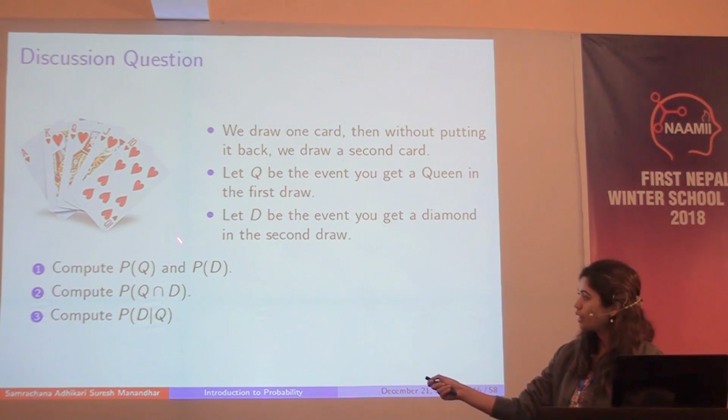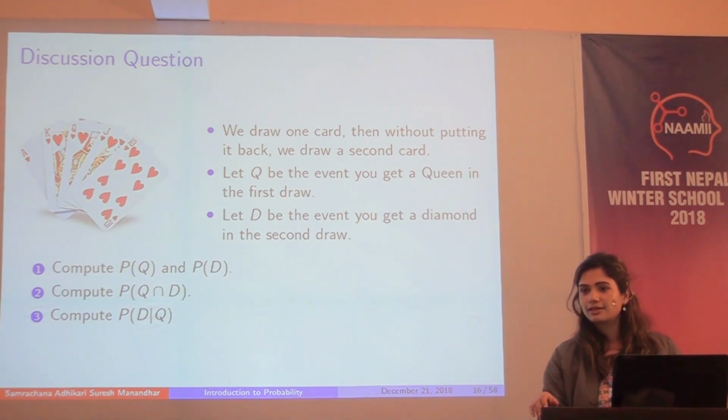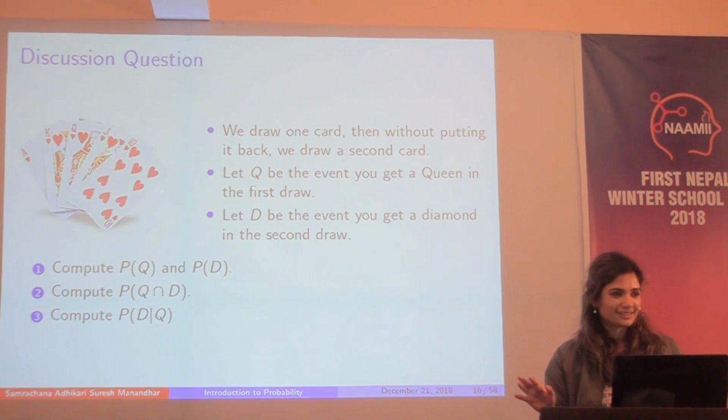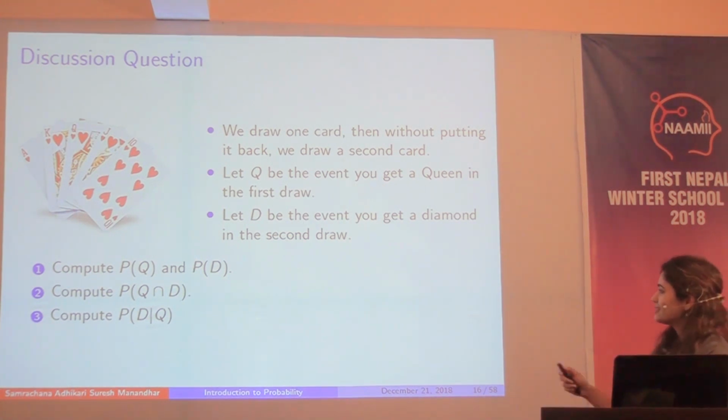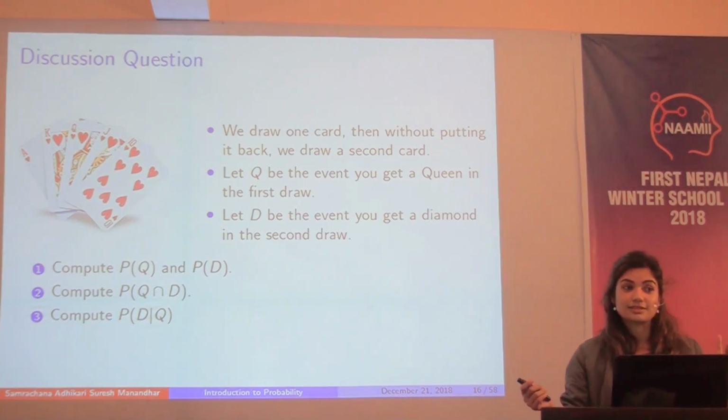So how do we compute P of queen? Number of queens, okay. Number of total cards. So that's easy. The second part is the probability of getting a diamond, and this is the second draw.